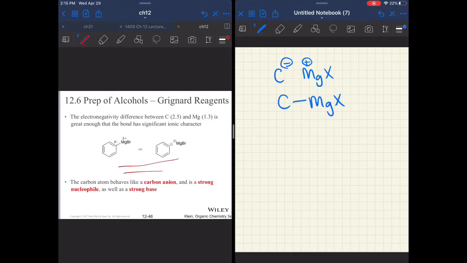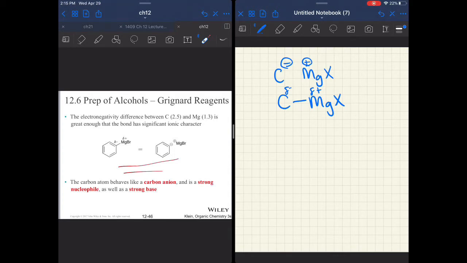And then it's a partial negative, partial positive. Either way, it is fine. You see here, Klein's telling you they're pretty much equivalent. It's got significant ionic character, but it can be described as covalently bound. It's very much in the middle. It's a very, very polar covalent bond.